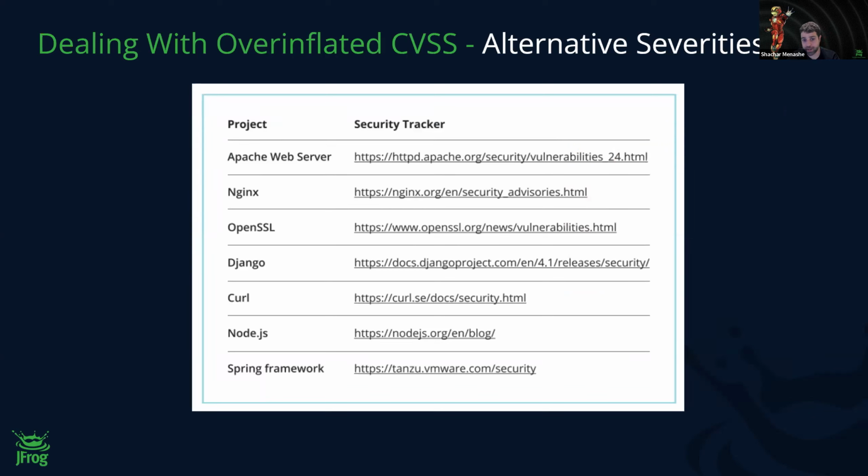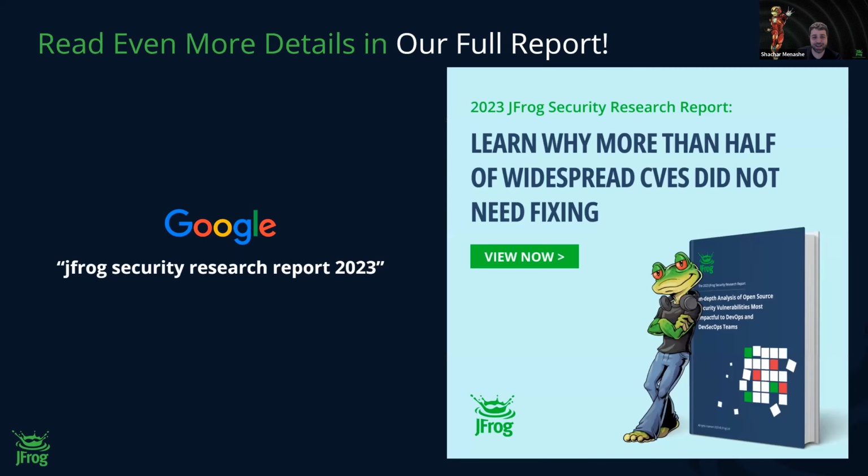Since we wanted to aggregate things and be helpful to the community, we built a list of all the biggest software projects that have their own severity ratings, and where you can find them. I'm showing it here, but the easiest place to find it would actually be in the security report.